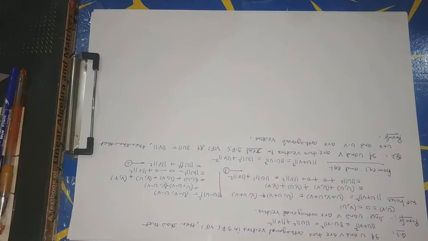Now repeat the question. u and v are two vectors in real inner product space V(F) such that the norm of u is equal to the norm of v. Then show that u plus v and u minus v are orthogonal vectors.